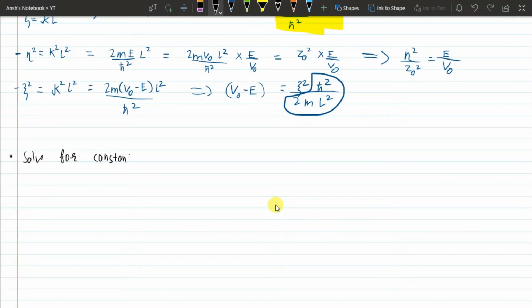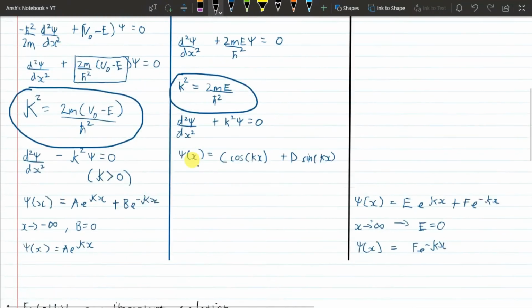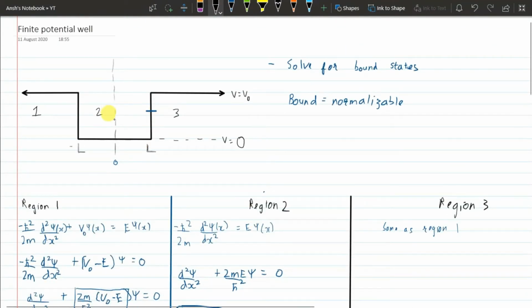And to start with, we'll use a property that we discussed in the infinite potential well, and that is that if we have a symmetric potential, which means that about the center of the well, this dashed line right here, if the potential is symmetric, which in our case it is symmetric in length and in terms of the potential that exists, as in these walls have a similar potential at the exact same length about the middle of the well.